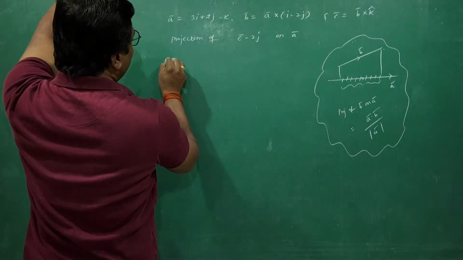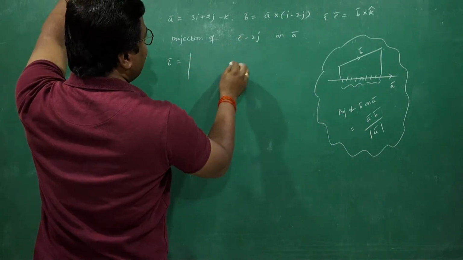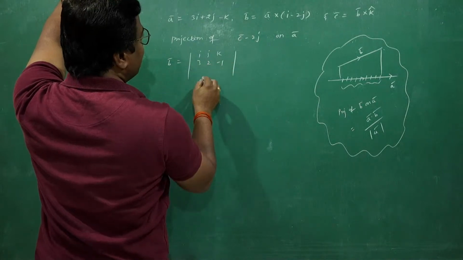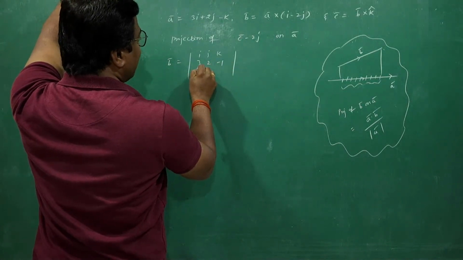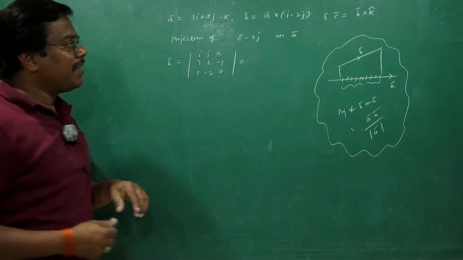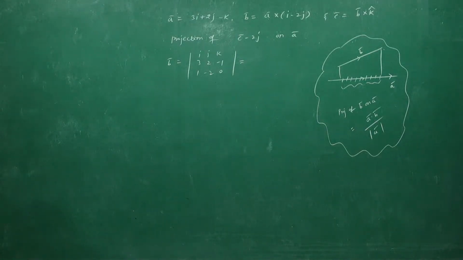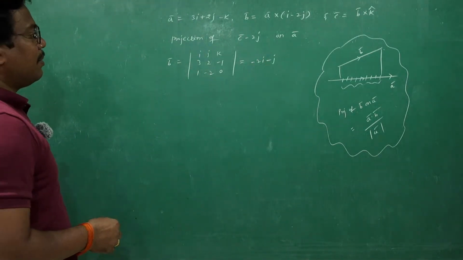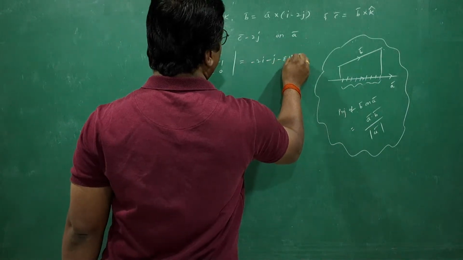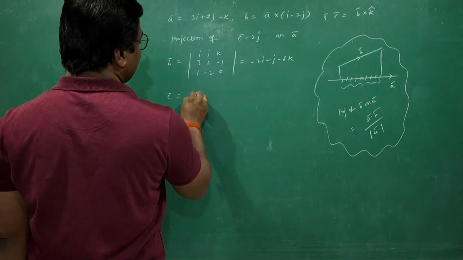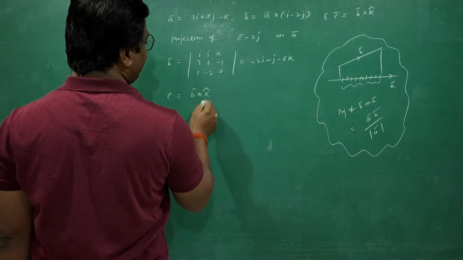Next B bar. B bar is the cross product of A and i minus 2j. i, j, k; A bar components 3, 2, minus 1; next vector i component 1, j component minus 2, k component 0. On solving, B vector you will get minus 2i minus j minus 8k. Next C vector is given as B cross k.